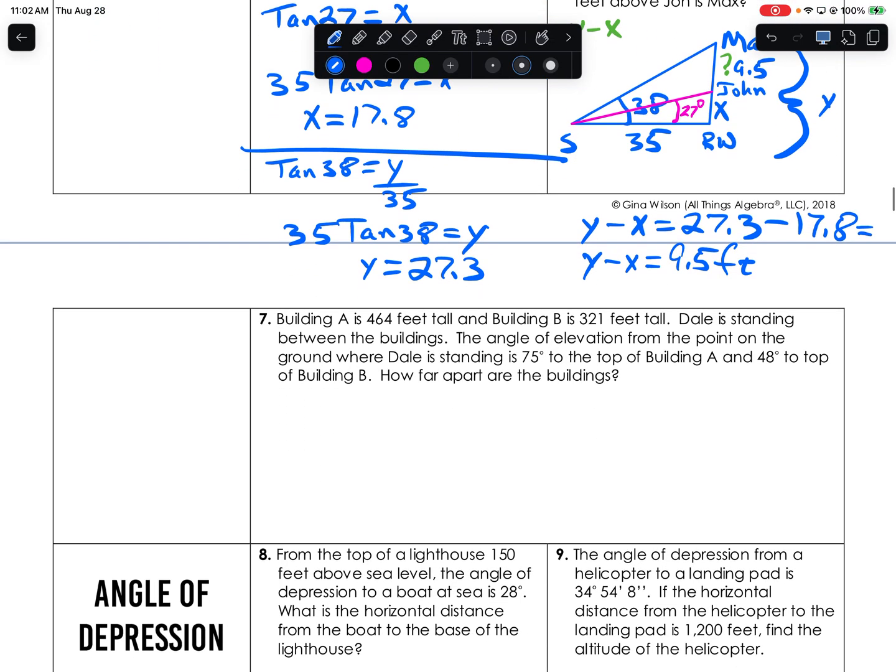Okay, I want you to read number 7 and try to do it on your own. Okay, talk amongst yourselves. I'm going to draw the diagram because if you don't get the diagram right, then you're in trouble.